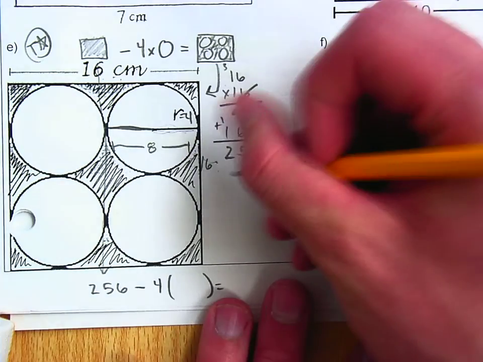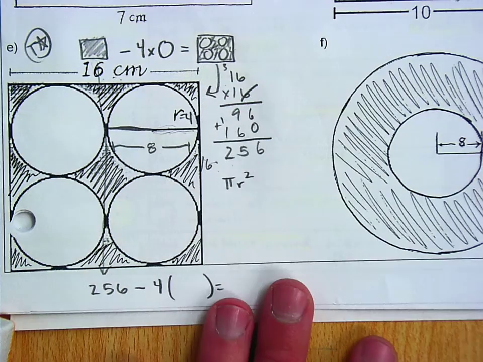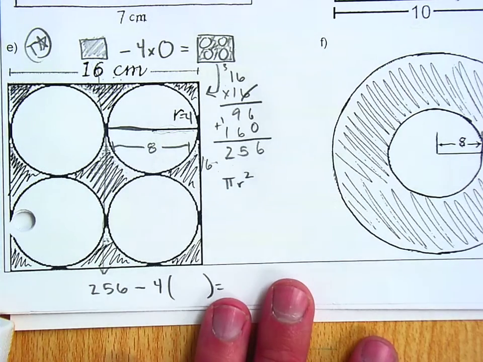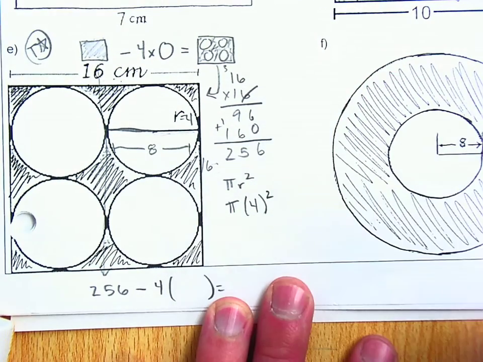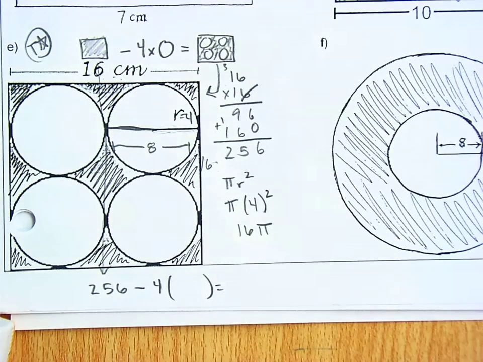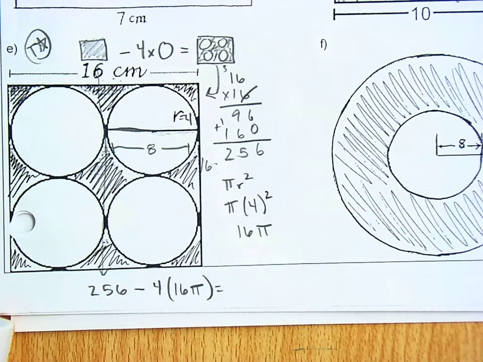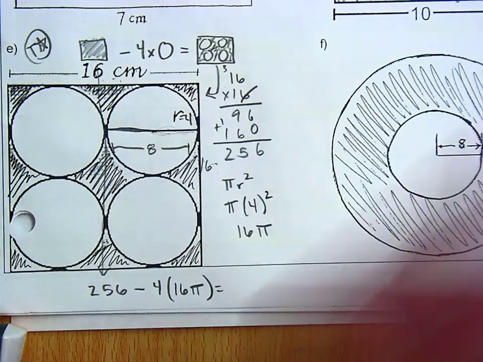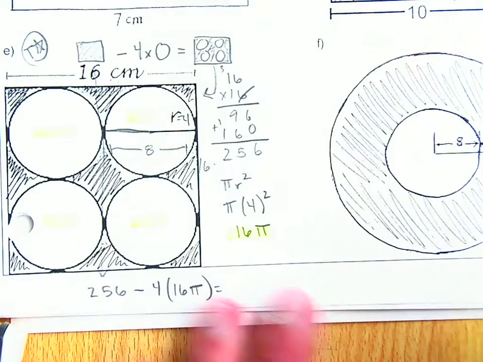Well, that's good. If we know R, then we can do our area formula for a circle, pi r squared. So that would just be pi times 4 squared, or 16 pi. For this one, I'm actually going to leave it just like that. So each of these circles is 16 pi. 16 pi goes here and here and here, and it's even there.